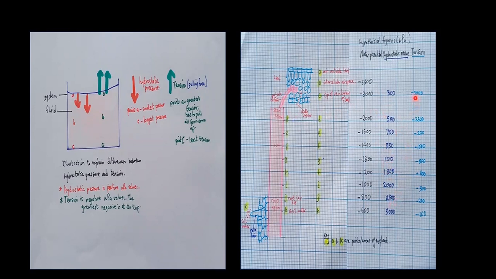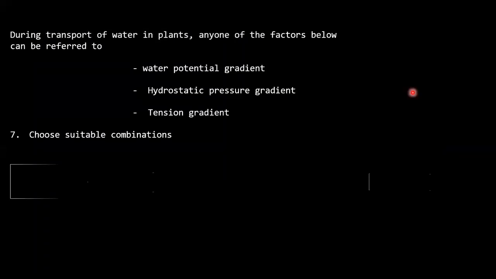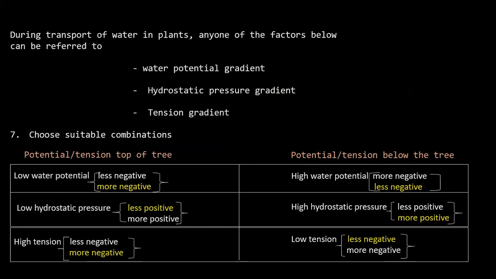Tension is highest at the top of the tree to pull the water up, and tension is lowest below. And the higher the tension, the more negative the pascals. So let's answer our questions easily here. These are the answers. At the top of the tree, low water potential means more negative.